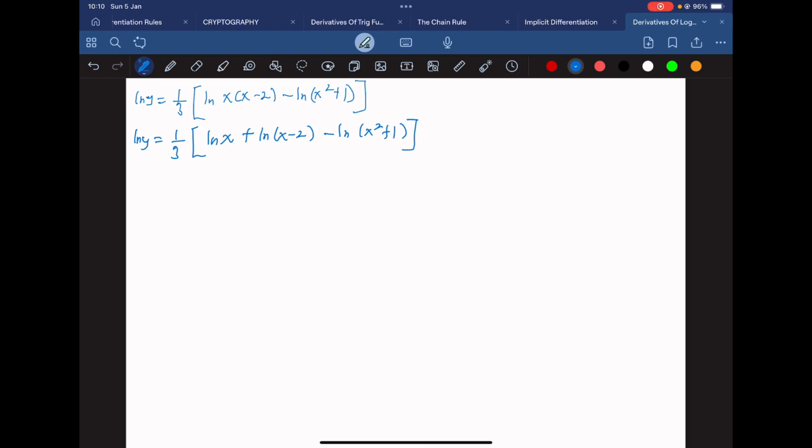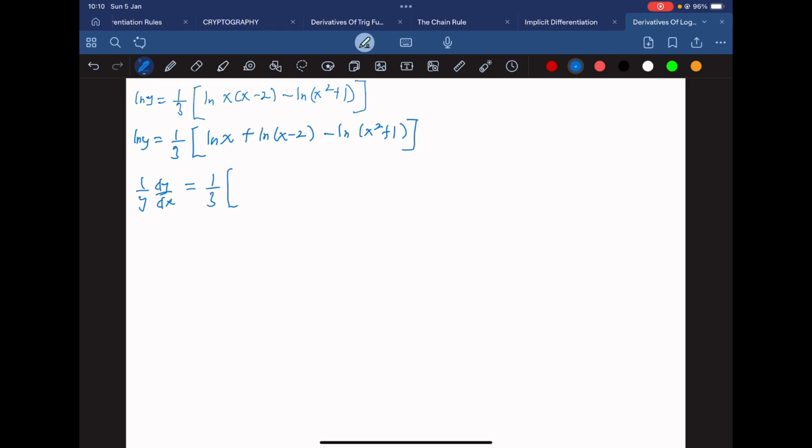So if we differentiate ln of y, you have 1 over y, then dy/dx. And if we differentiate what is on the right, you just have 1/3.